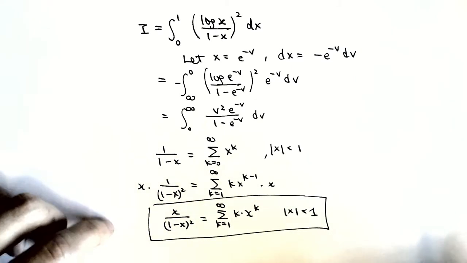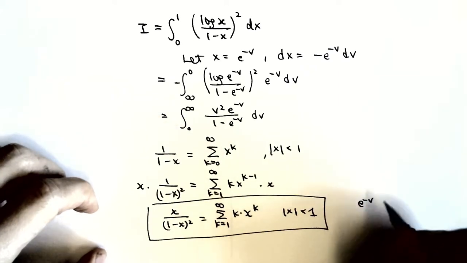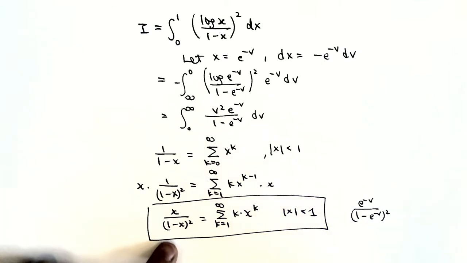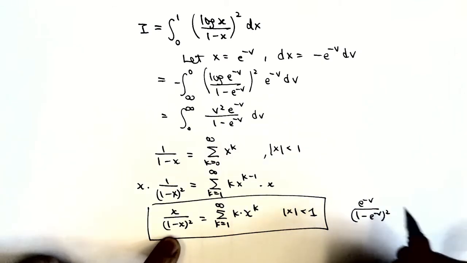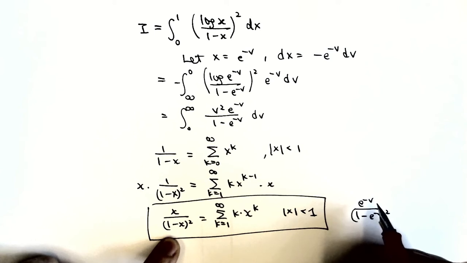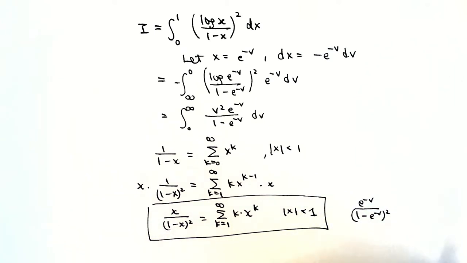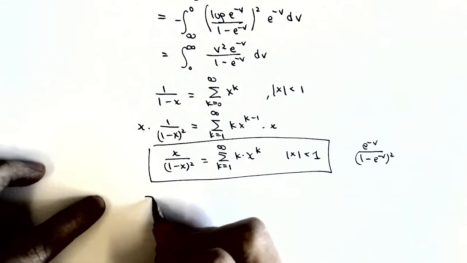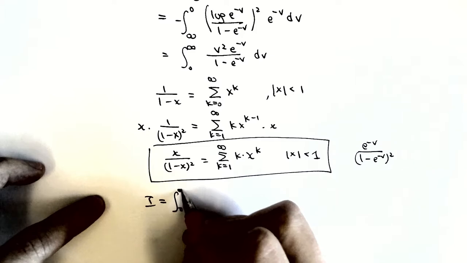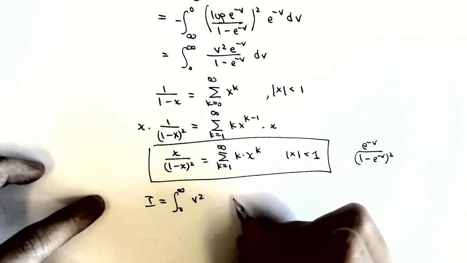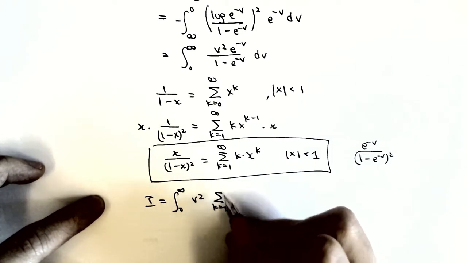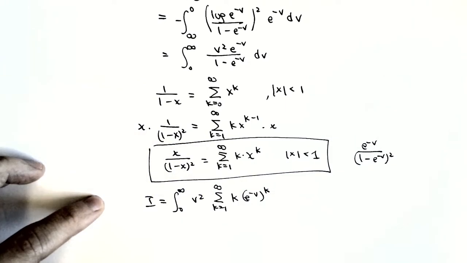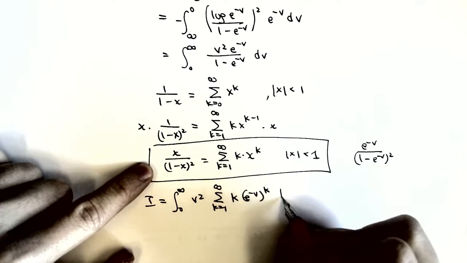Now, we notice that this part, e to the minus v over (1 minus e to the minus v) squared, is just like this one when x is e to the power of minus v. So we do the following substitutions, changing this into this by using this formula here, and then dv.